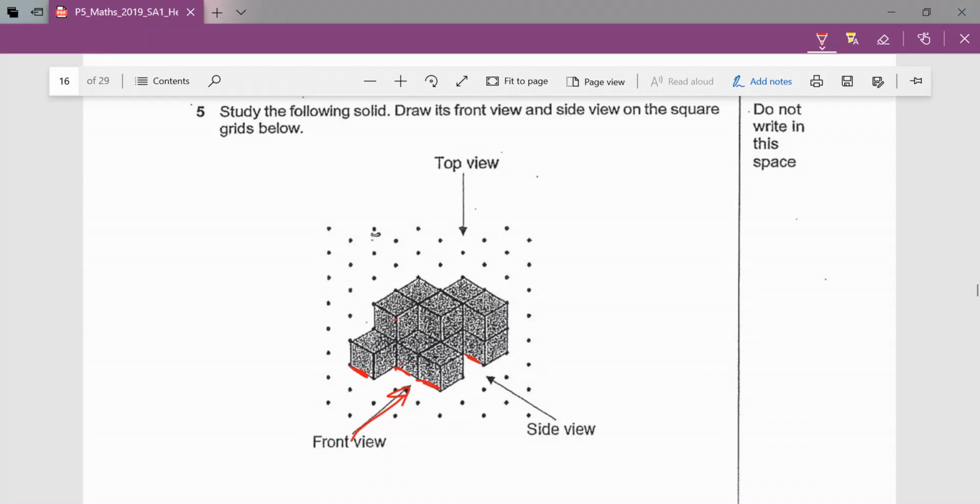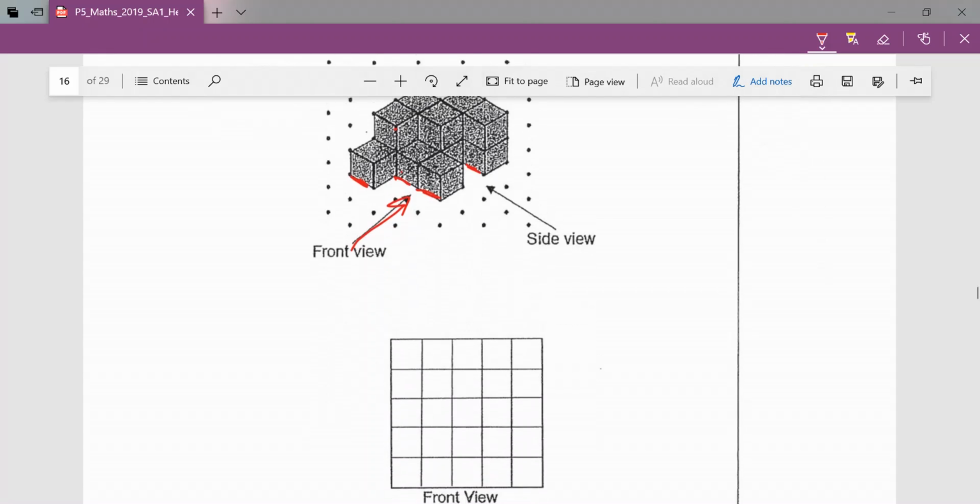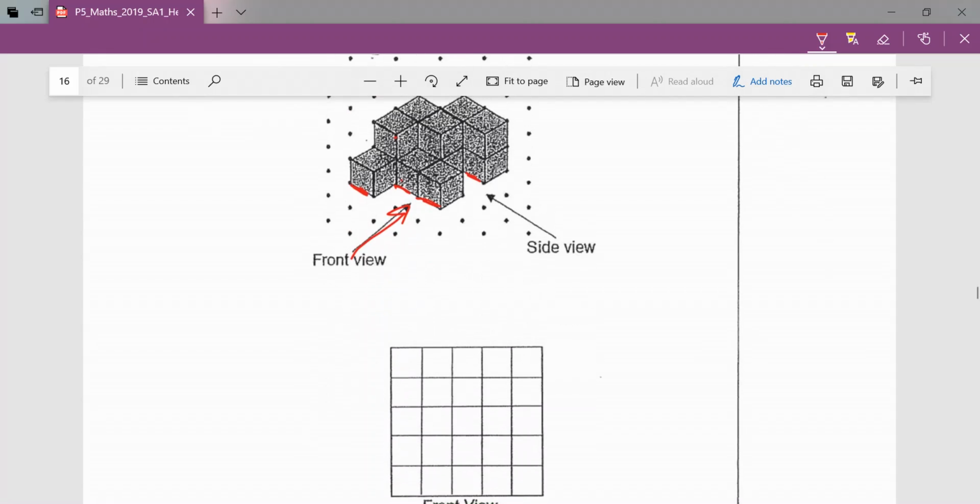So actually from the front view, I'm just going to see 1, 2, 3, 4. Sorry, I actually said wrongly. This one doesn't have, because from the front view it's actually 1 here, 2 here, and 3 here. Okay, so the front view is just like this.